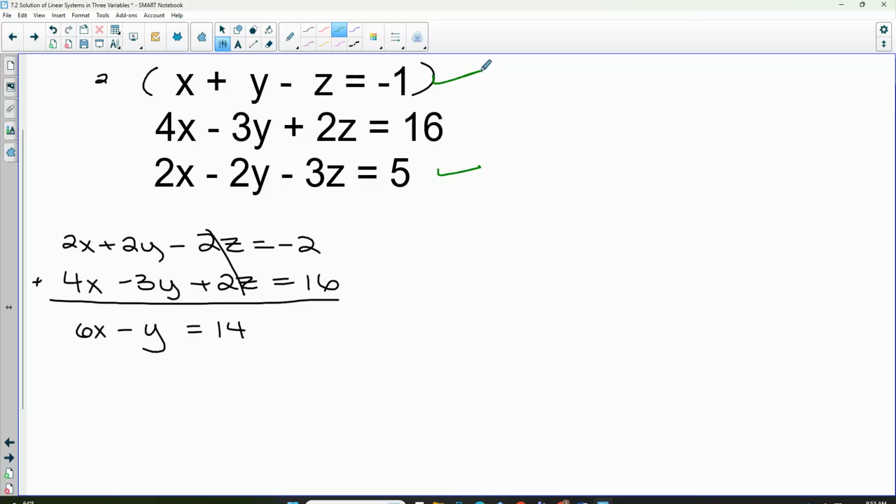If I were trying to eliminate z, what would I multiply by? That gives me -3x minus 3y plus 3z equals 3, and I'm pairing that with the last one.